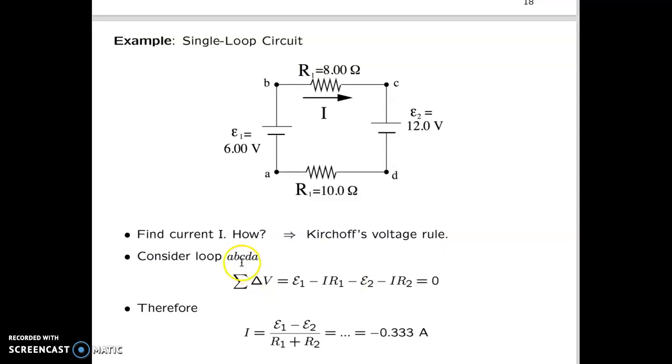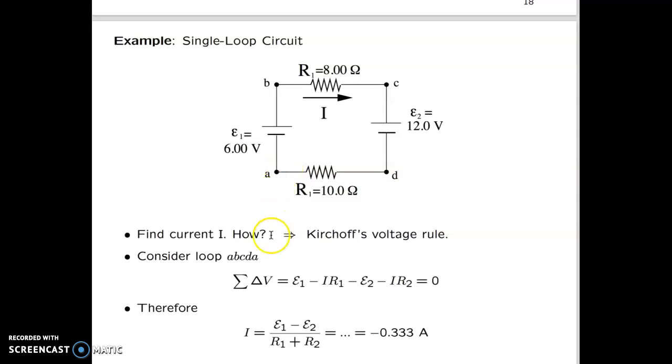Okay, let's consider this loop, A, B, C, D, A. So I'm going to walk from A to B to C to D and back to A. Okay, clockwise around. Now this has nothing to do with the direction of the current necessarily. You can take a walk around a loop in any direction you want, clockwise or counterclockwise.